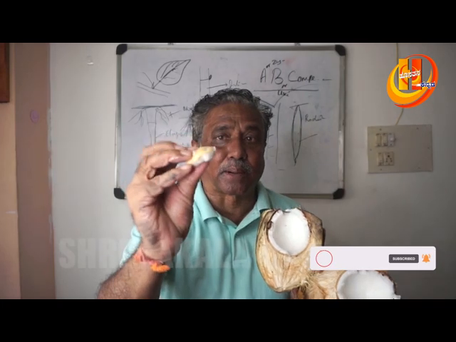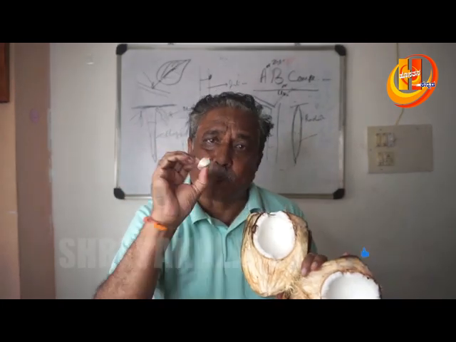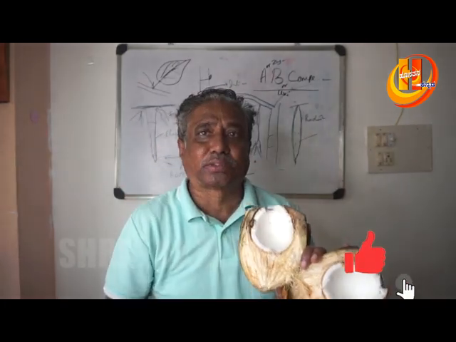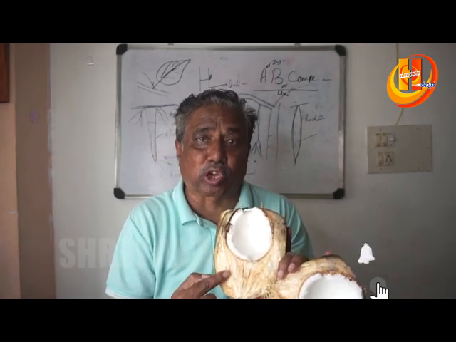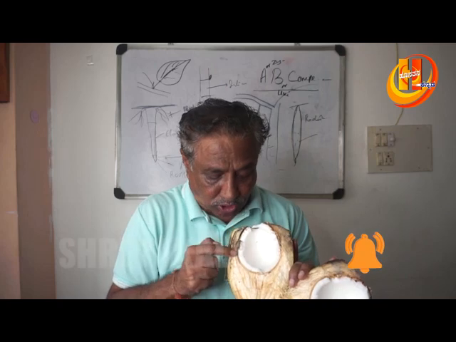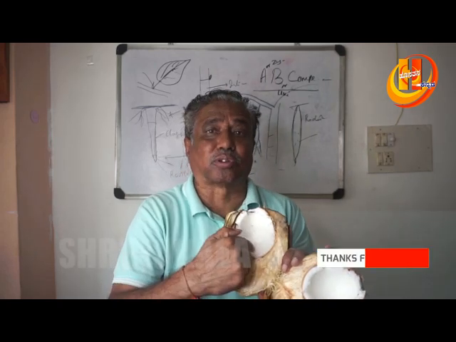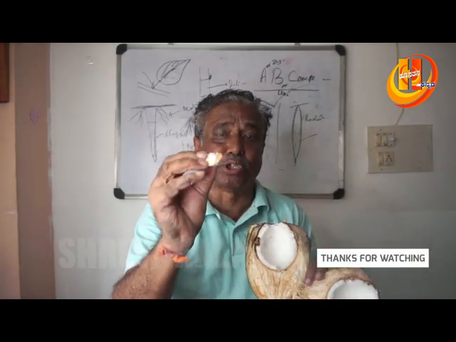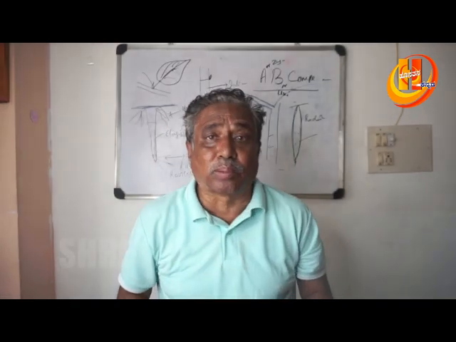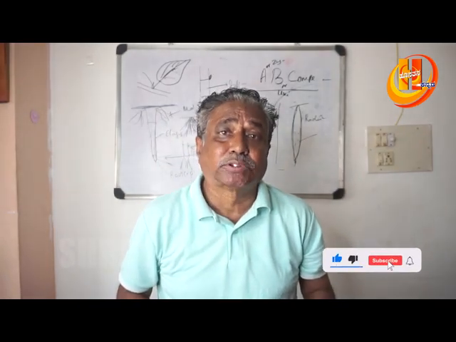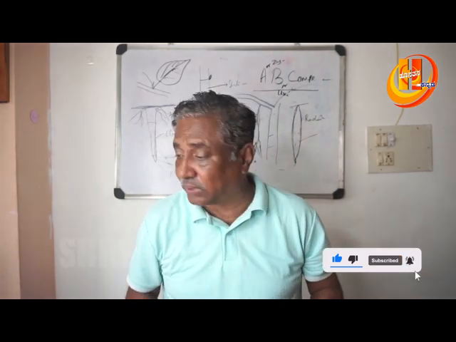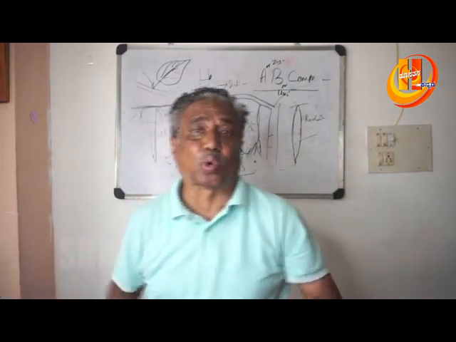This is the edible portion. So, outer epicarp, middle fibrous mesocarp which is not edible, inner hard endocarp which encloses the seed portion, that is endosperm. From the liquid endosperm of coconut, hormones called cytokinins can also be obtained.